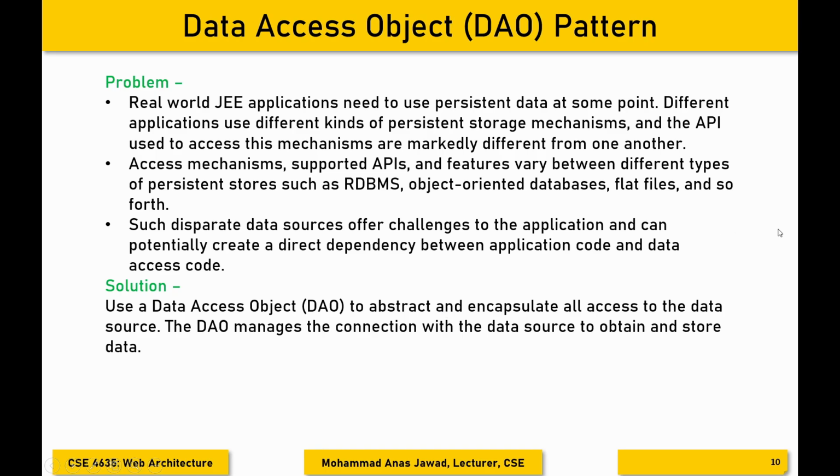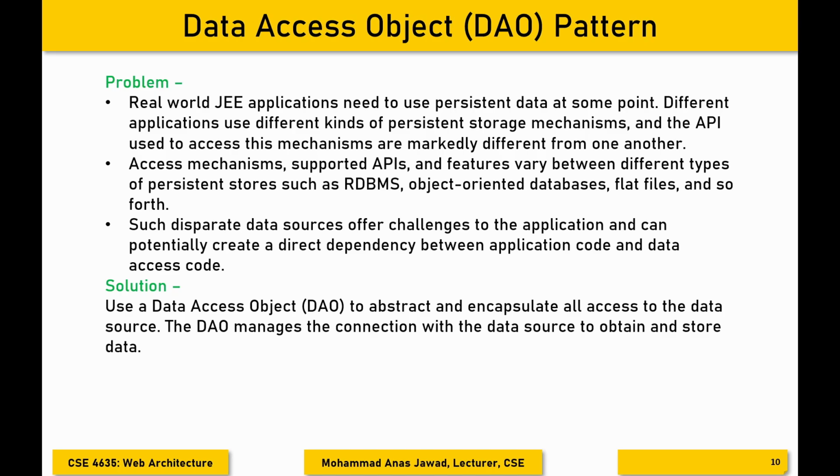Now, the actual implementation details of accessing these databases are going to be hidden by our DAO pattern, because the business logic classes do not need to concern themselves with the actual implementation details of accessing those databases, right? So this introduces a separation of concerns strategy here, and the business logic classes do not have to worry about changing their implementation because they're only going to be dealing with an interface, right?